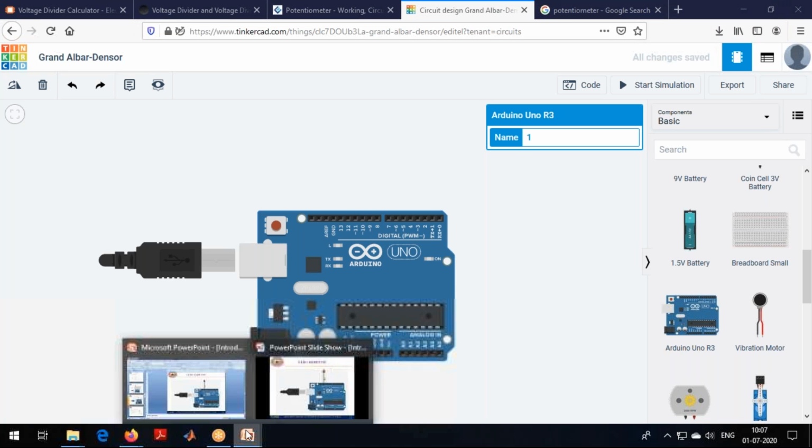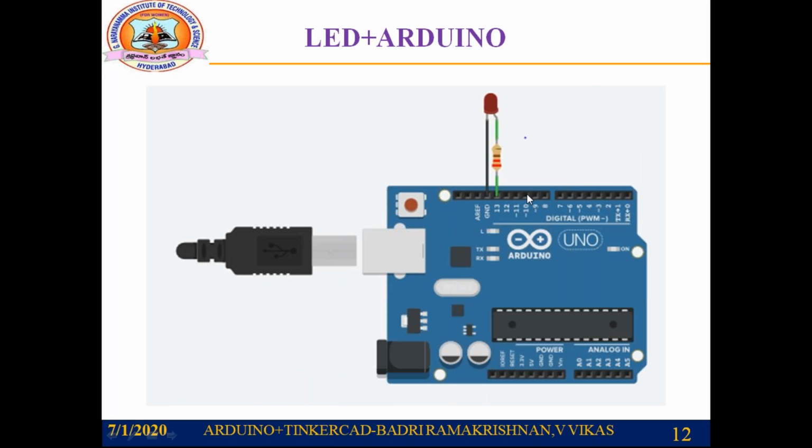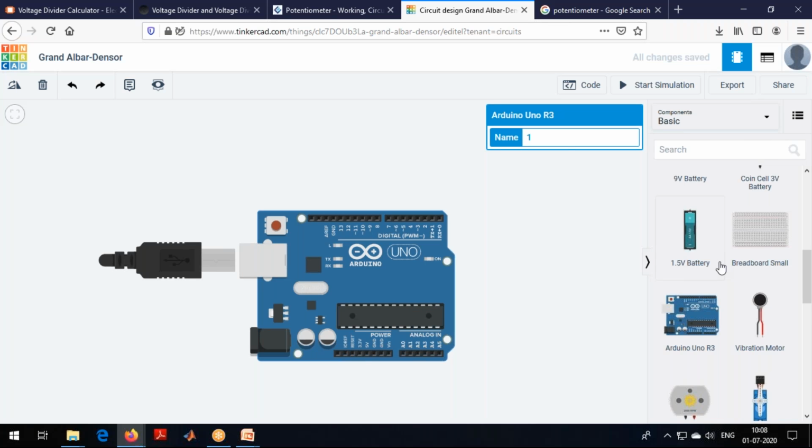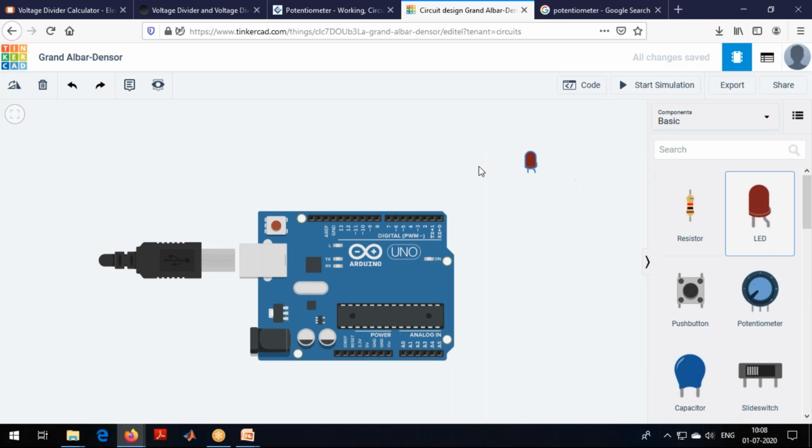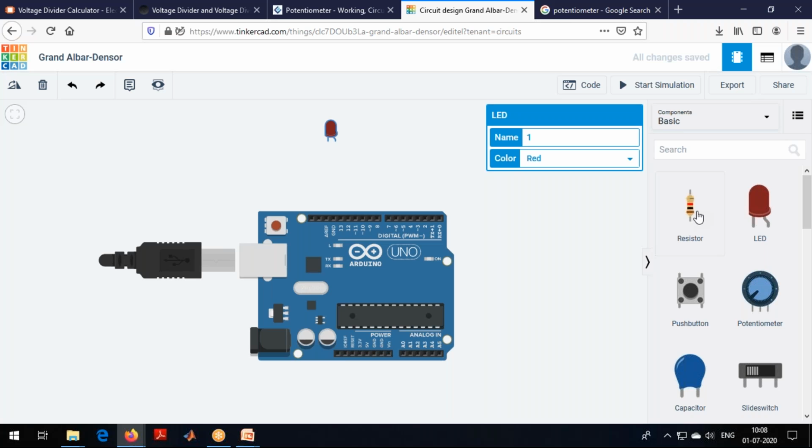Now what I need from this particular diagram, you can see we need one LED and one resistor. I'll get an LED and one resistor.